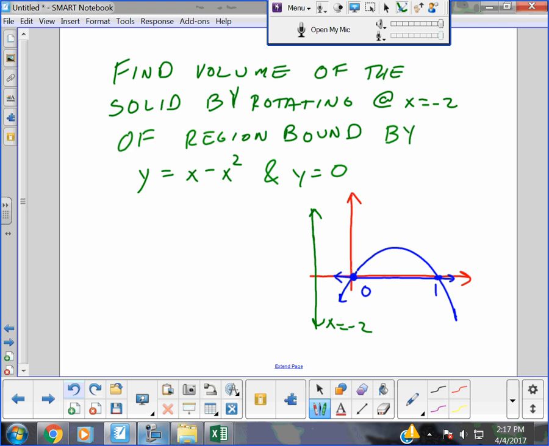This cannot be done with the washer formula, pi integral of R squared minus r squared dy. Because when I try, can everybody see that if you spun it, it would definitely be a ring? What I want you to catch is that the inner radius and the outer radius both grab the same function.